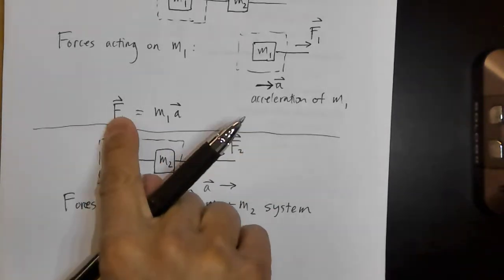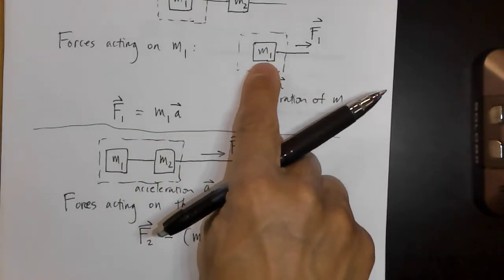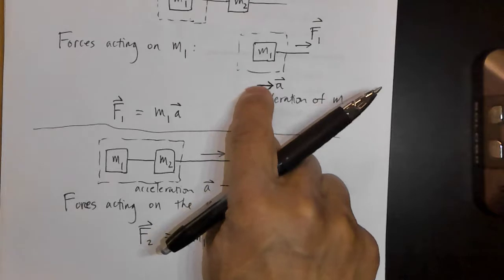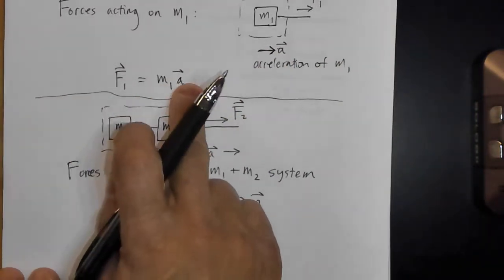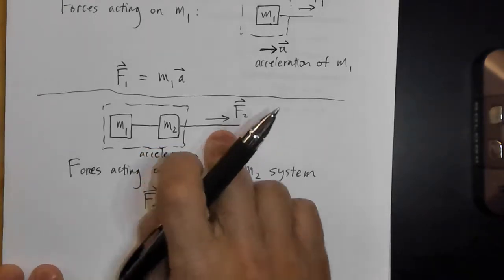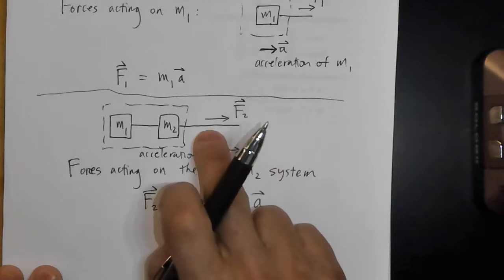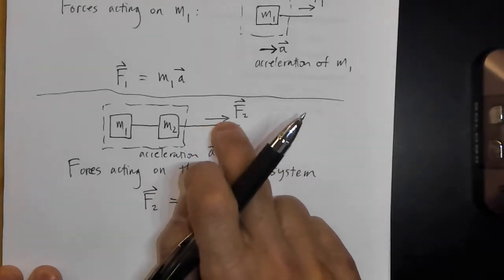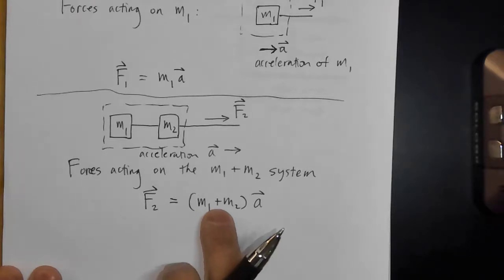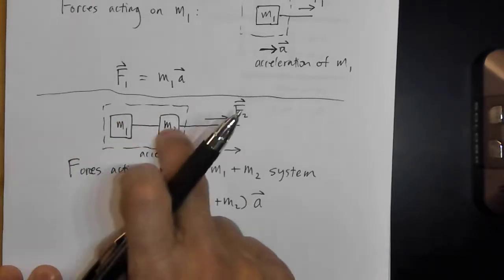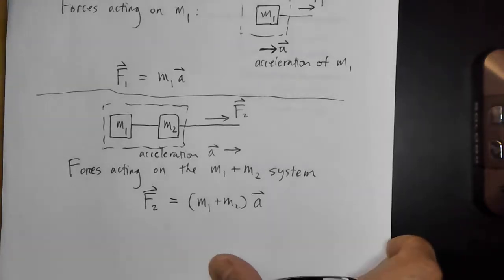Then F1 is equal to M1 times A from Newton's second law, because mass M1 has an acceleration A. Now if I have M1 and M2 together as a system, and the external force pulling on it is what I'm calling F2, then F2 would be equal to M1 plus M2, because that's the total mass of the system, times its acceleration A. Okay. Questions about this?